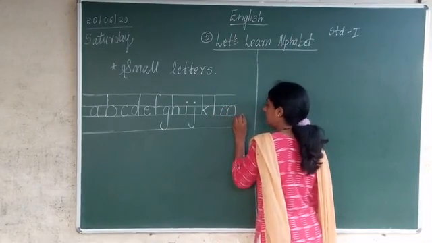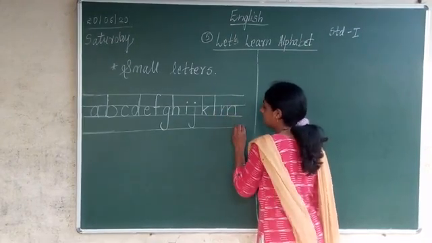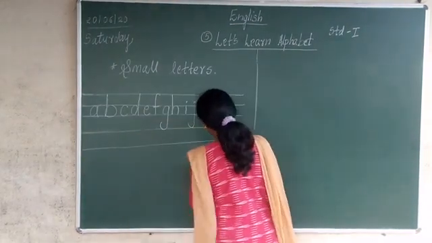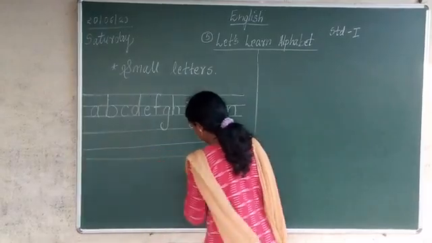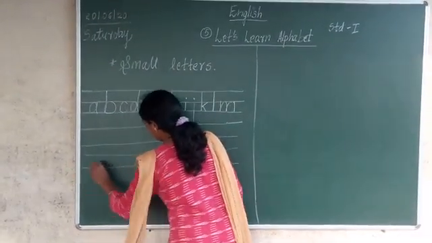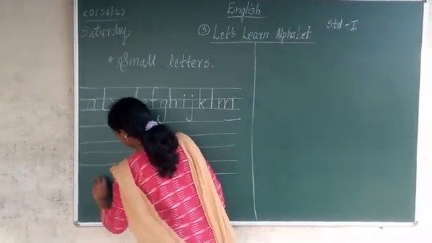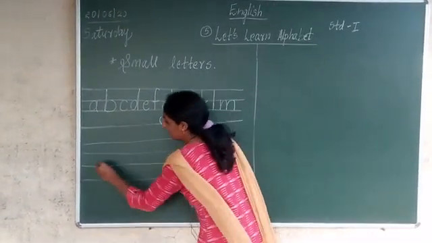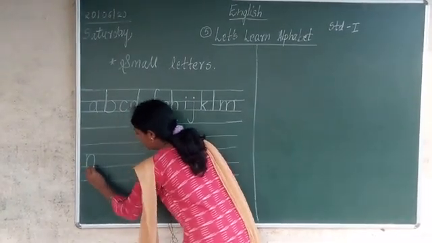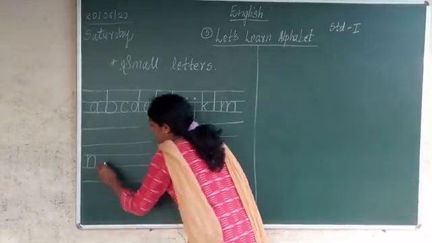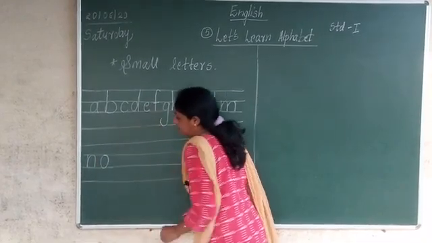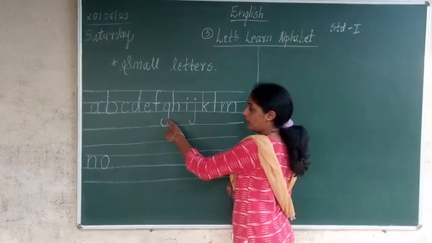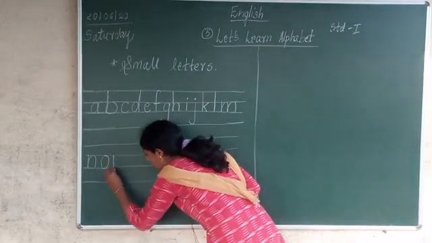M. After that we are going to write N. After M, N. Next is O. Now how will we write P? P we are going to write like G. So P will touch the fourth line down.